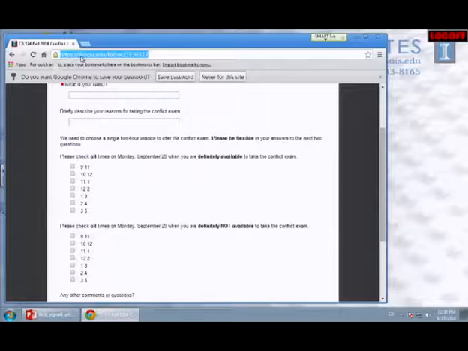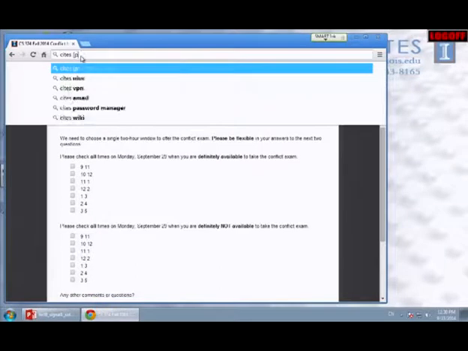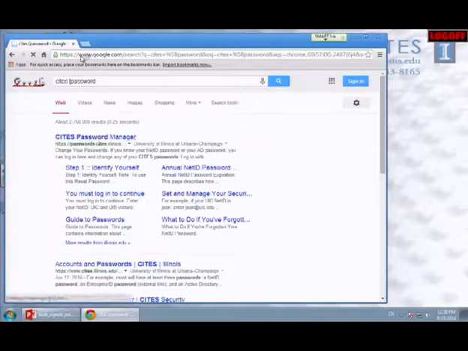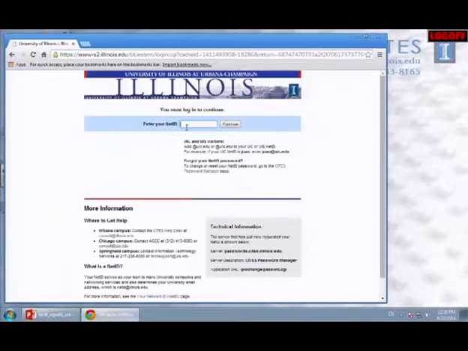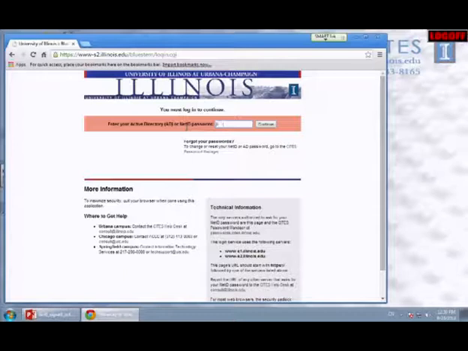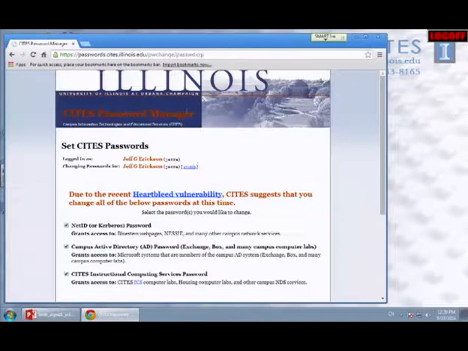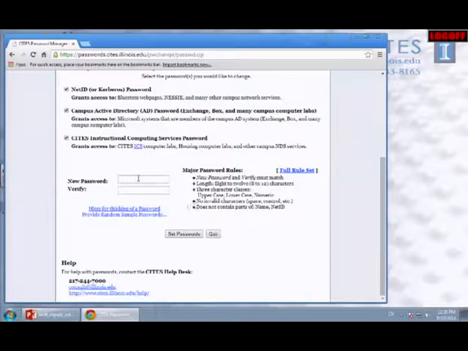Now, if you don't mind, everybody chant along with me. Yay! Okay, new password.